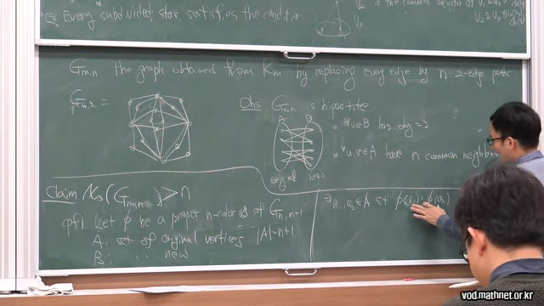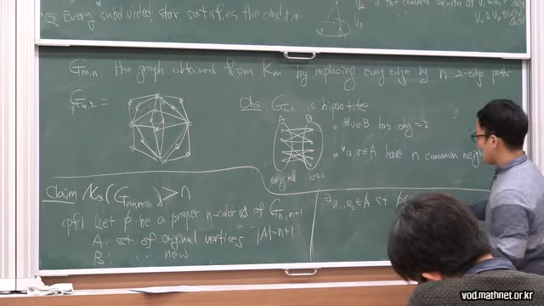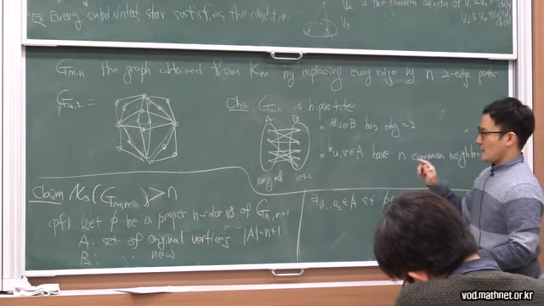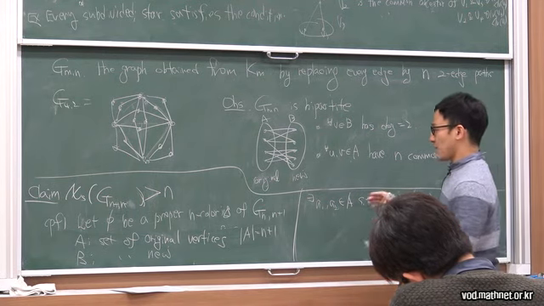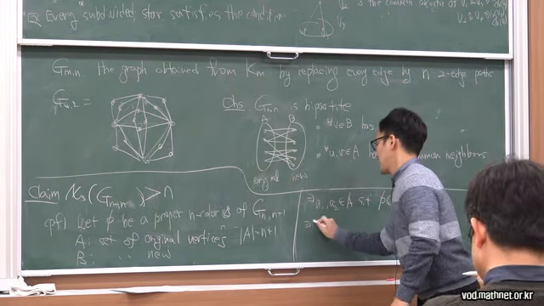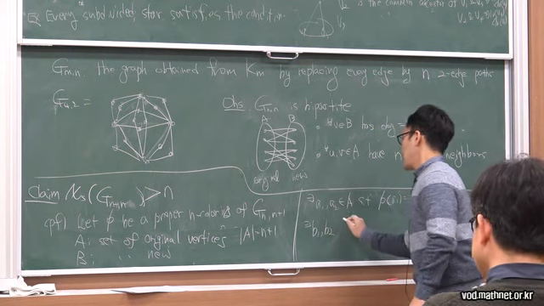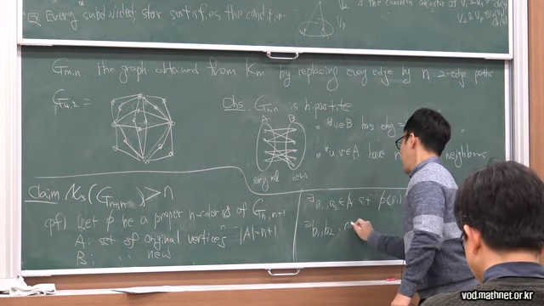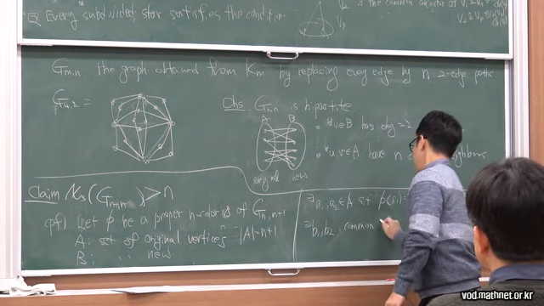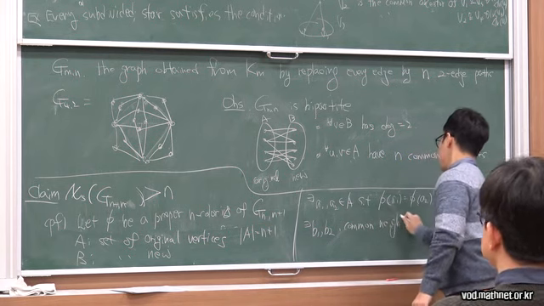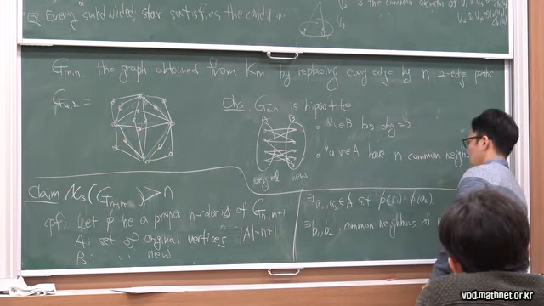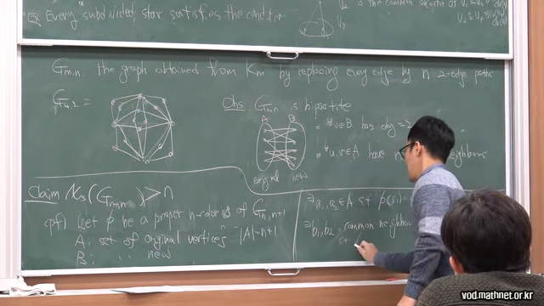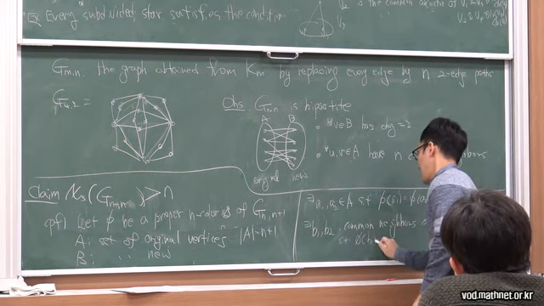Now A1 and A2 have n common neighbors. So by applying the pigeonhole principle again, there exist B1 and B2, common neighbors of A1 and A2, such that they have the same color.